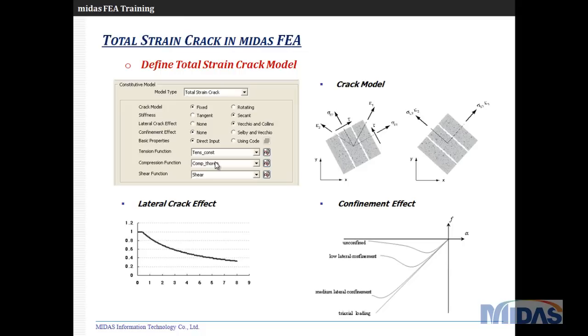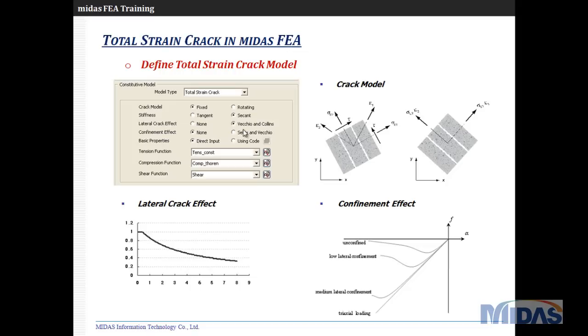But when the concrete is in tension and is subjected to compression parallel to the crack direction, the compressive strength and stiffness will be reduced. This concept was presented by Vecchio and Collins, and it is incorporated in the Midas FEA total strain crack model.